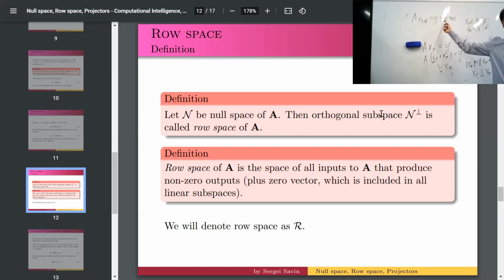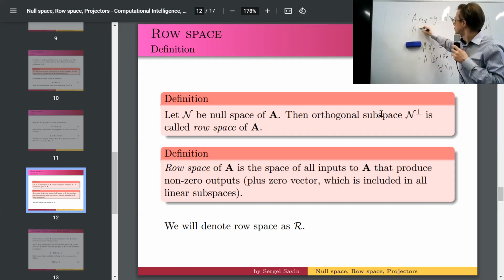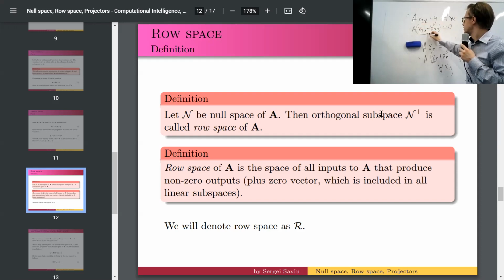Well, what it means is A times (XR1 minus XR2) would be equal to 0, correct? That means that the difference between those two values would lie in the null space of A, correct?